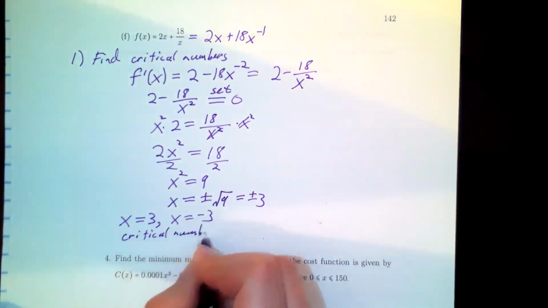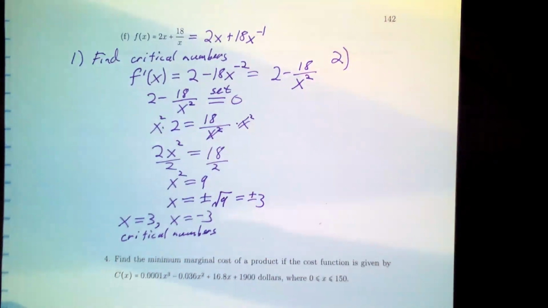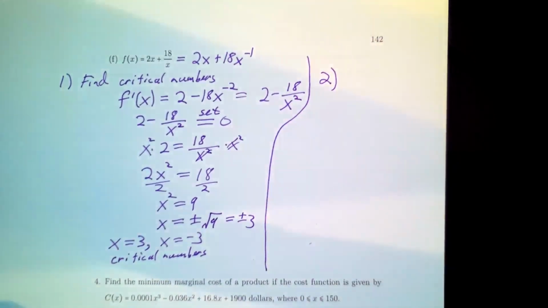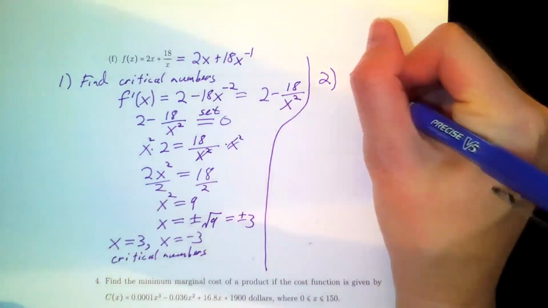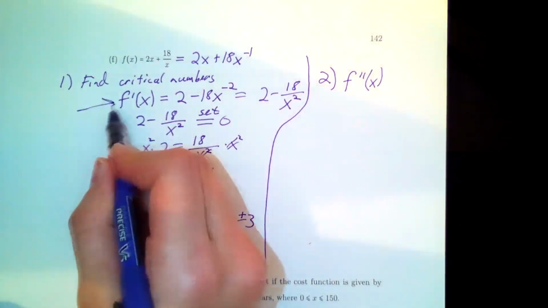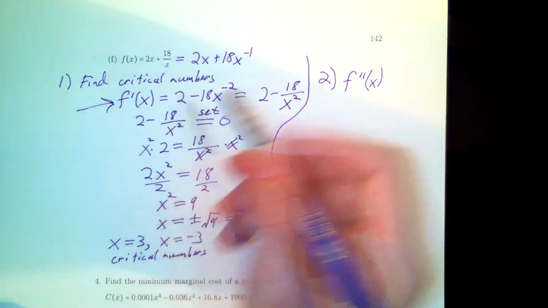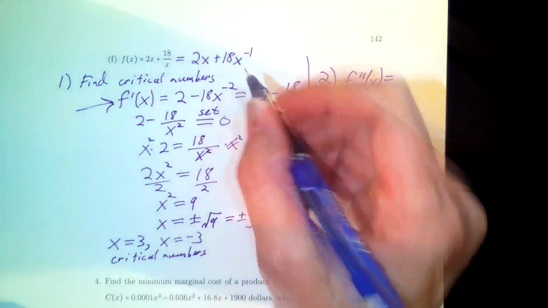That means I have to take them both and plug them into the second derivative. So this is part 2 of this mess. I need to find the second derivative because I'm about to plug those 2 numbers into it. So find your first derivative before you simplified it. It's right here. Take the derivative again. The derivative of 2 is 0. The derivative of negative 18x to the minus 2 is a power rule.